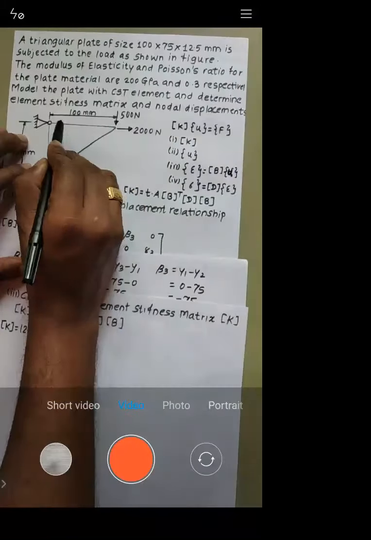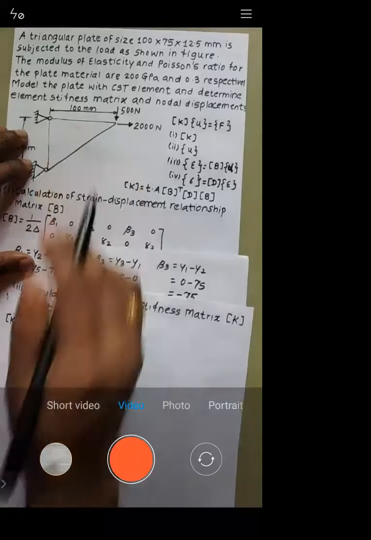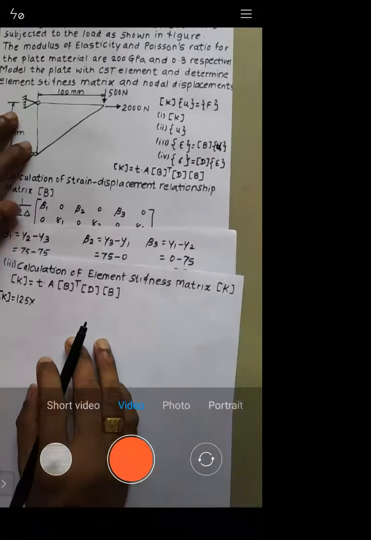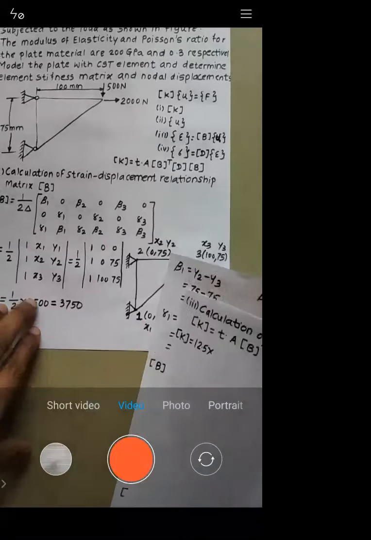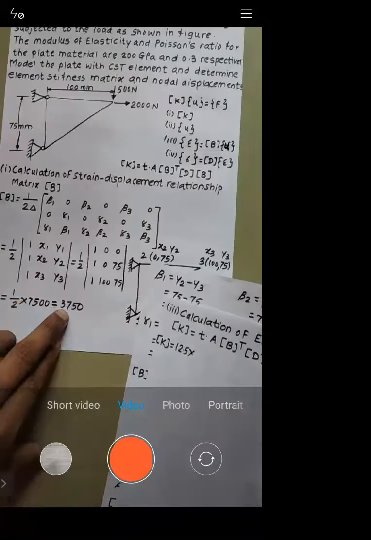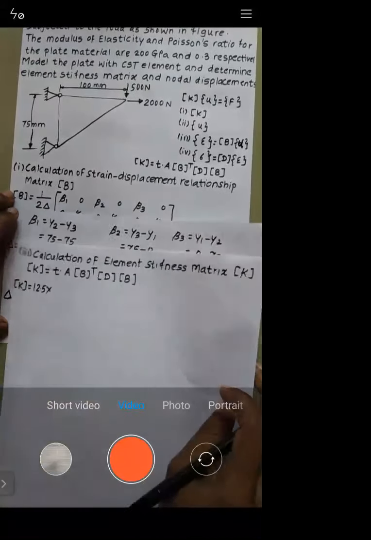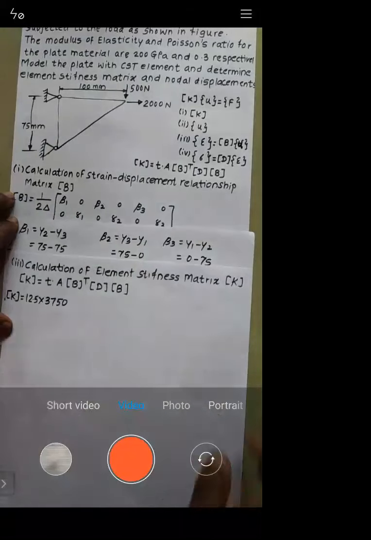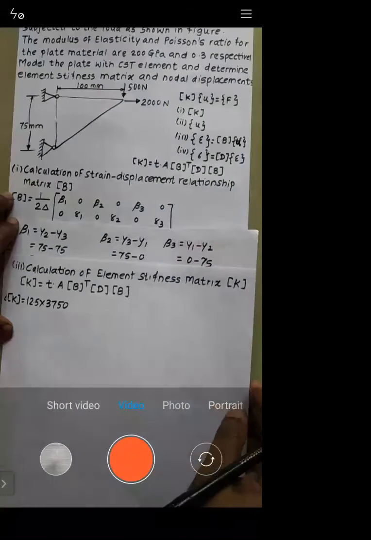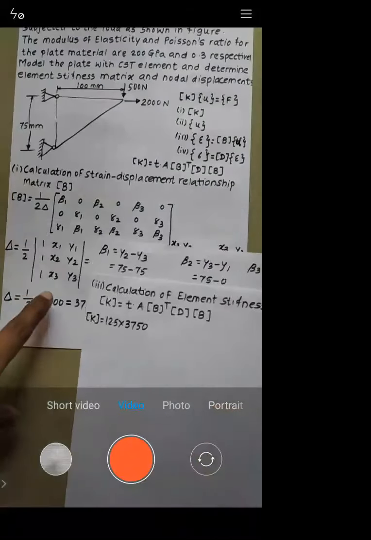How do you get area? This is 100 into 75. Otherwise, area we have already calculated here; it is nothing but this delta, 3750. This is already calculated.